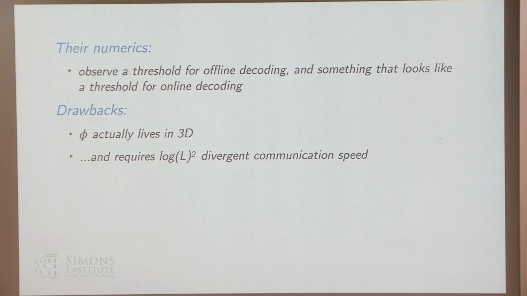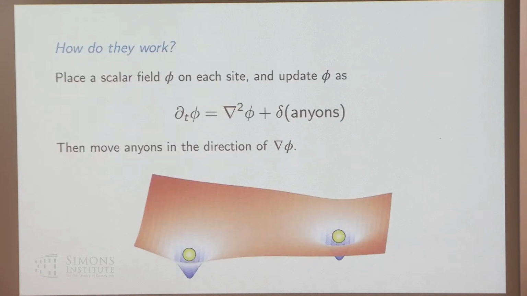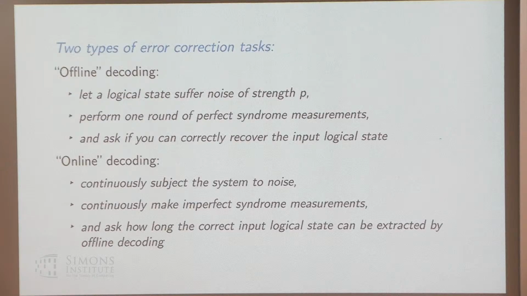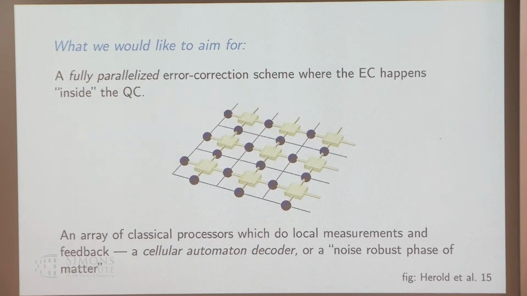Yeah? So like these fields, are they stored locally? Yeah, they're stored locally. So you have, let me go back to my picture, right? There is a phi living at each of these blocks. So the model is that the control bits, they're not read-only. They are readable and writable, yes. Oh, and the classical writing is free.